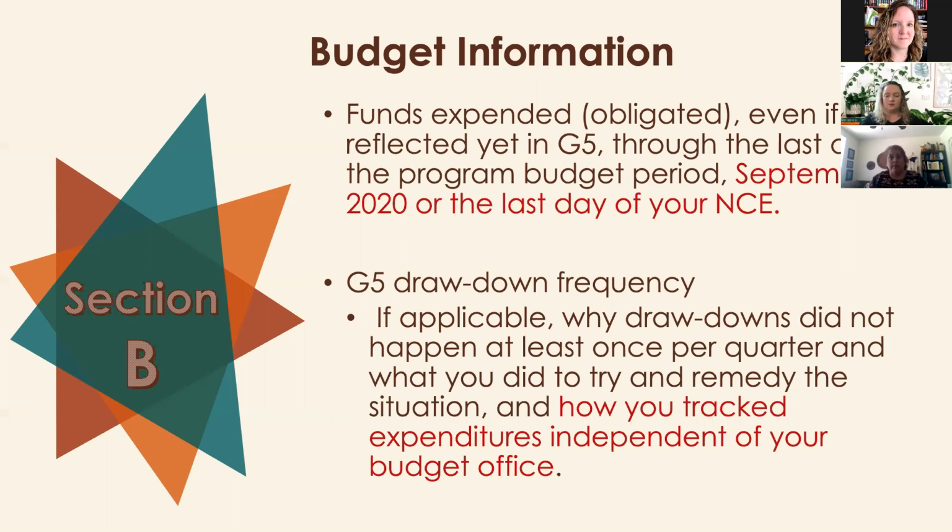And there's nothing wrong with explaining why. These are lessons learned. And talk about how you tracked expenditures. If you had issues with your finance office, or maybe you guys had different tracking devices alongside. So we want to hear about that. So thank you for providing that. Next slide, please.